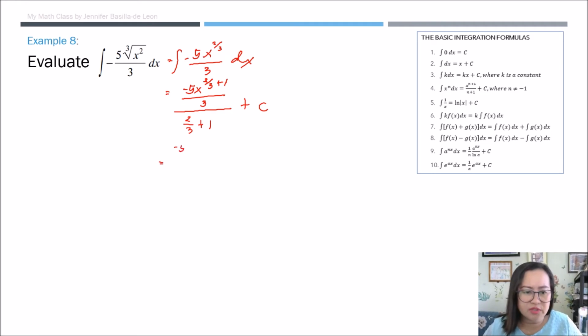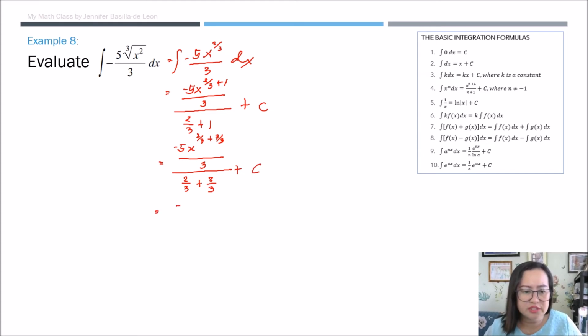And then we will have negative 5x raised to 2/3 plus 3 over 3 all over 2/3 plus 3 over 3 plus c.